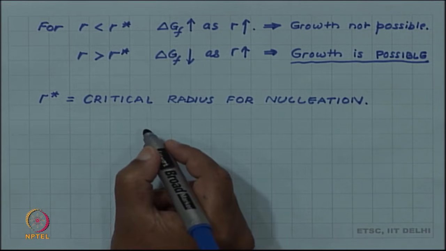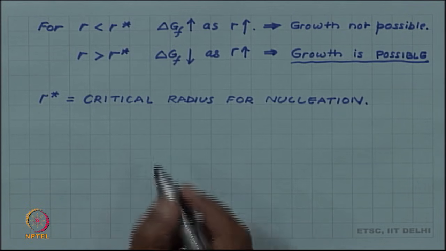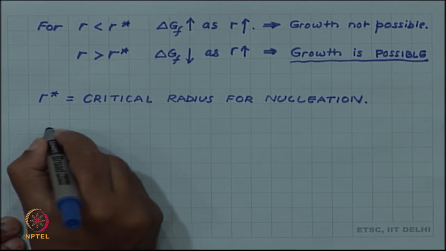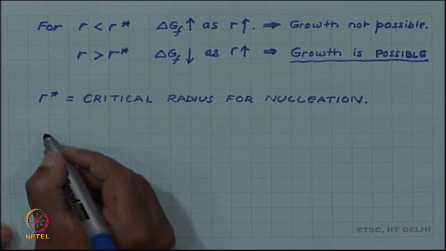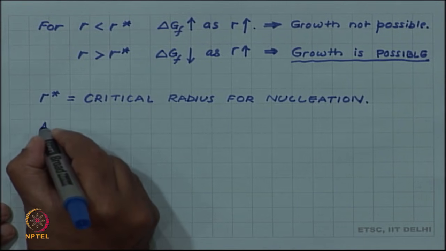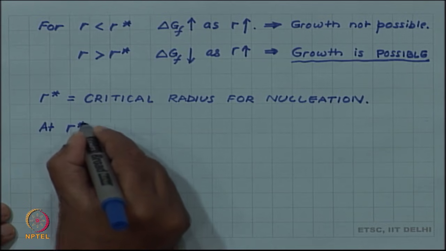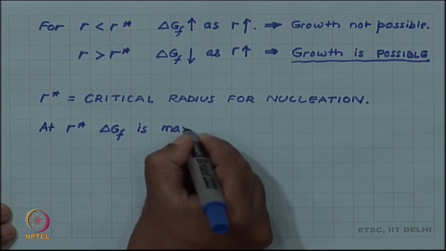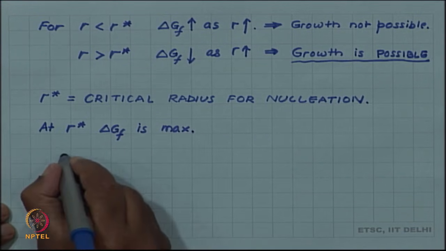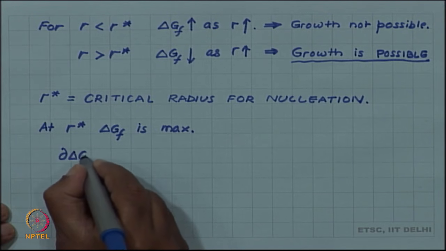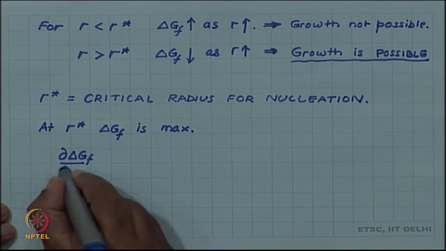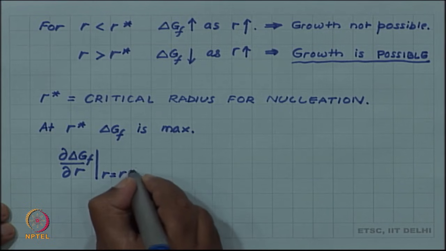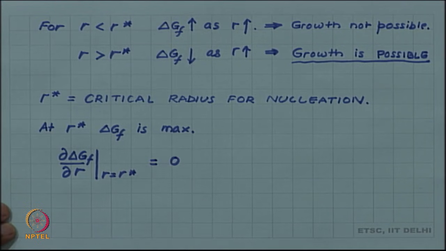We can find this in terms of our variables which we introduced. So, recall that we are saying that at R star delta GF is maximum, which means the differential coefficient of delta GF with R at R equal to R star should be 0.